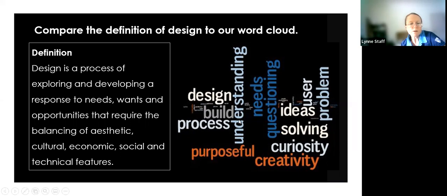So require the balancing of, what do you think? What are the words over here? Can we see that we investigated or came up with during the video? Yep, we're probably looking at the user. That's a good one. The needs of the user. Excellent.